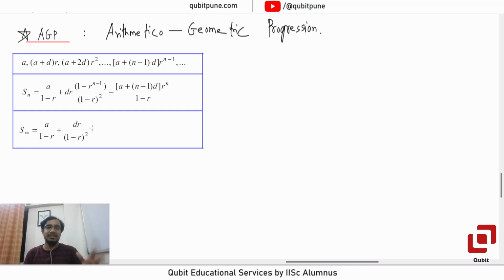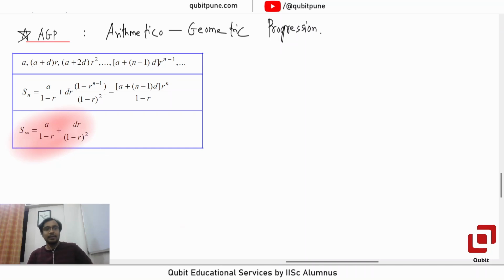That's it. Everything else should be just your knowledge of mathematics, because I don't think they expect you to even memorize this formula. S infinity: a upon 1 minus r plus dr upon (1 minus r) whole squared. I don't think anybody is going to ask you question testing your memory on that. But let us just try to understand the structure of it.